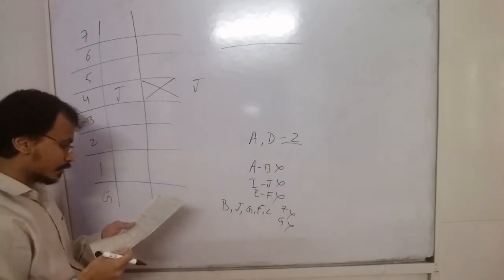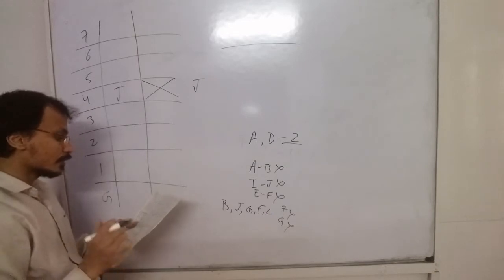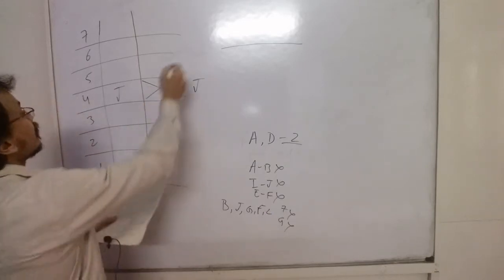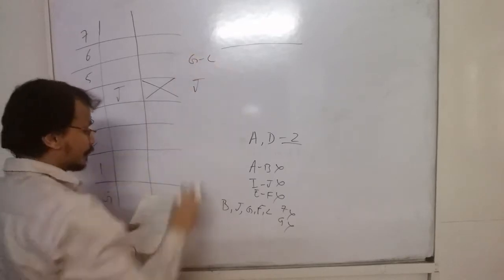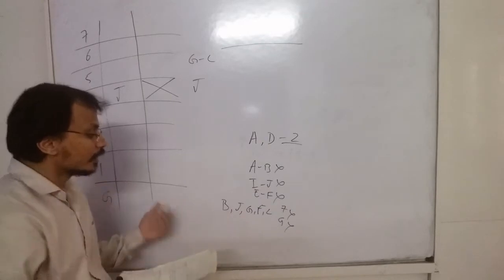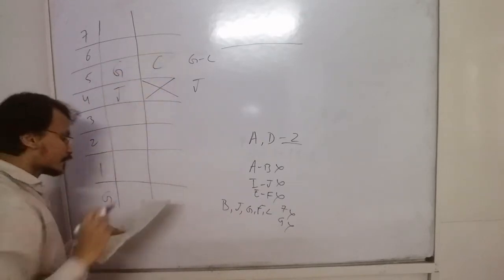Then moving on, G and C are on the same floor, number 5, adjacent to D. G and C will be here. Earlier they have given that G is on the left hand side, so it goes without saying I will write G over here and C over here.